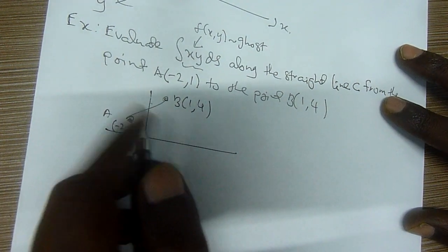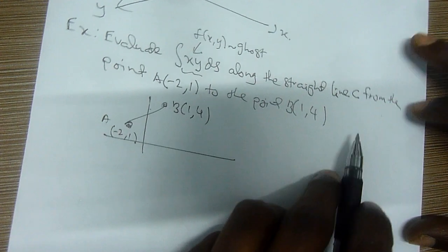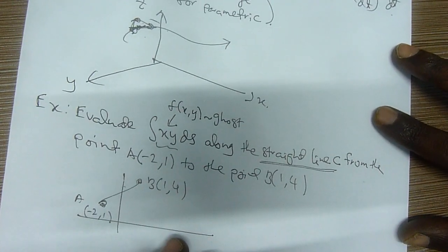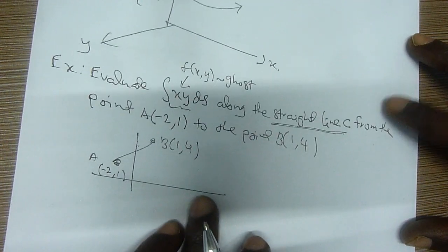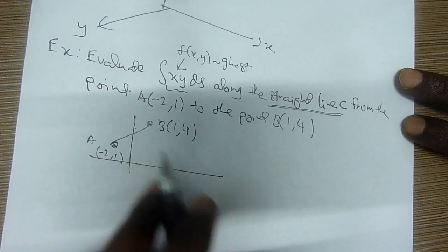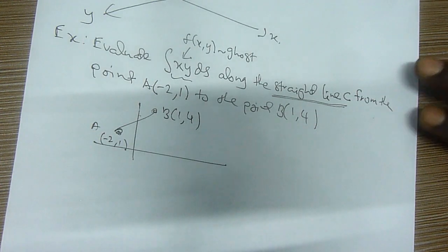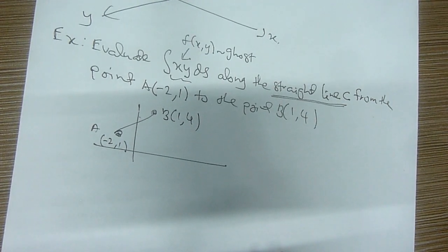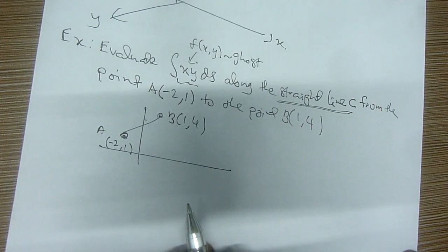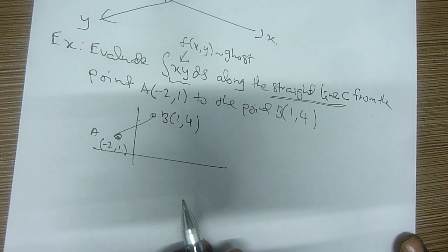Since it's a straight line, but remember, only because it is clearly mentioned to you, you can use a vector, or you can use the common form of mathematical calculation for the curve and the straight line. You can find the solution.